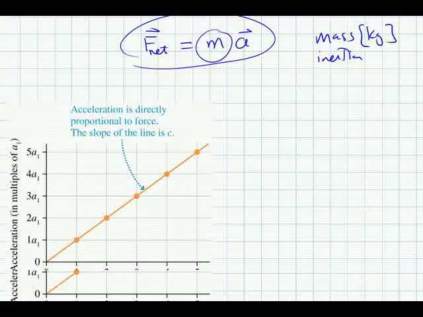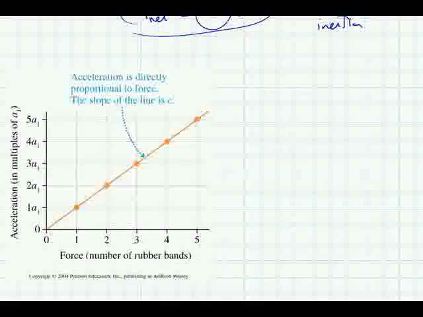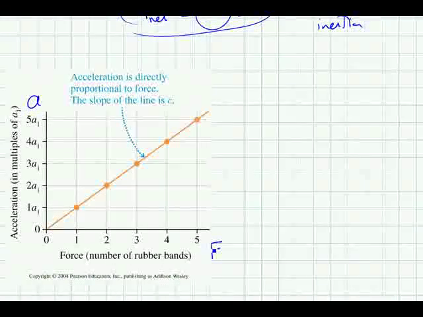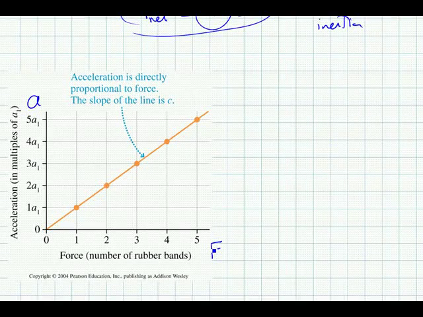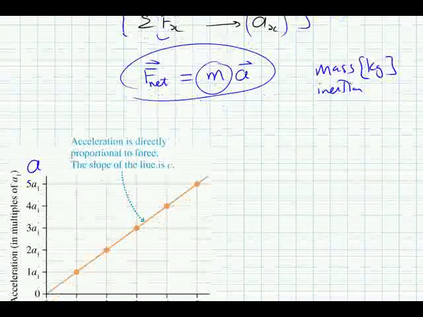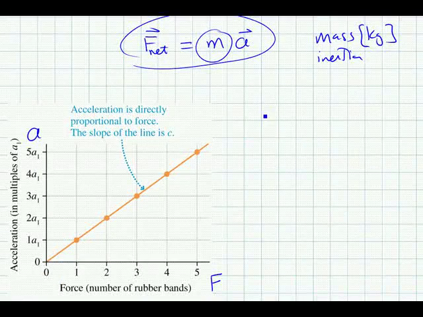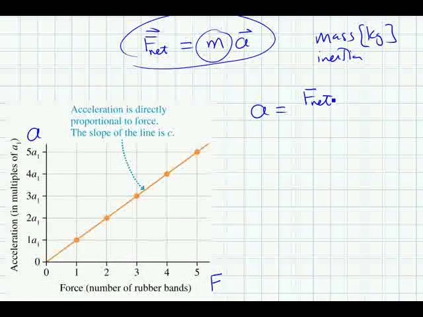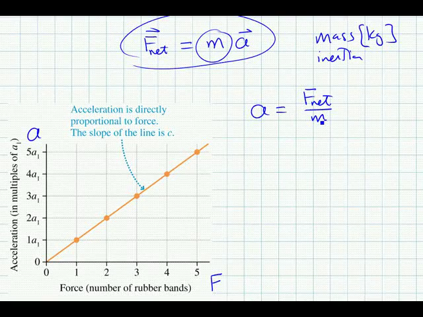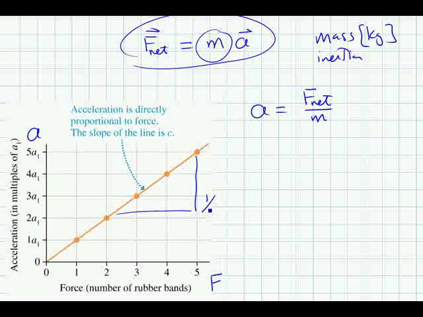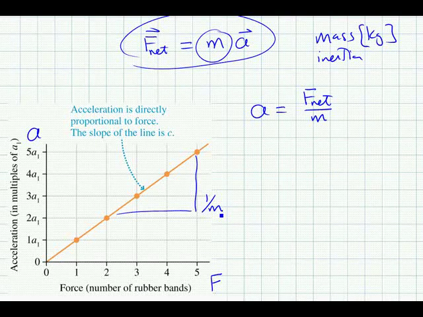Newton's second law: if you were to do an experiment and plot acceleration A versus force, you will end up with a straight line, of course, and here what we have is acceleration is equal to net force divided by m. So the slope of the line is 1 over mass of the object.